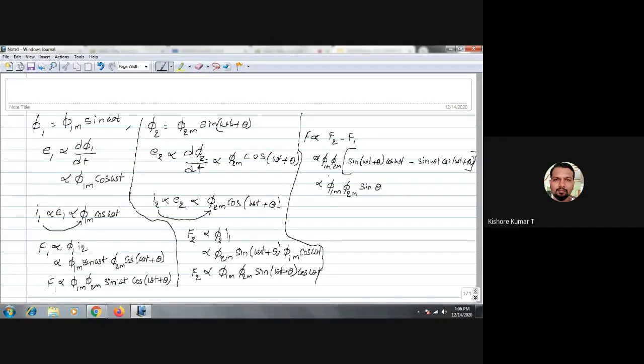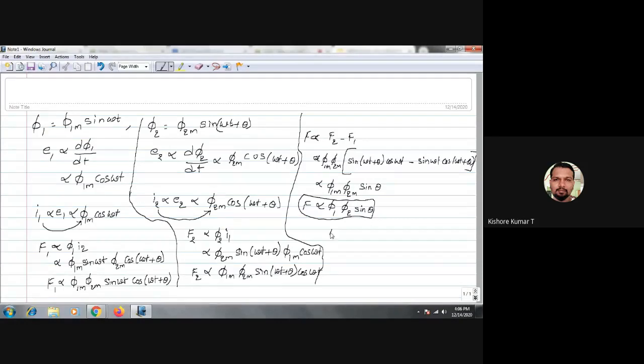So the net amount of force which is developed will be proportional to phi 1, phi 2 sin theta, where phi 1 and phi 2 are the RMS values of the fluxes set up by the upper and bottom magnets. So here the maximum values become RMS values, just simply removing the maximum and representing phi 1 and phi 2 here.